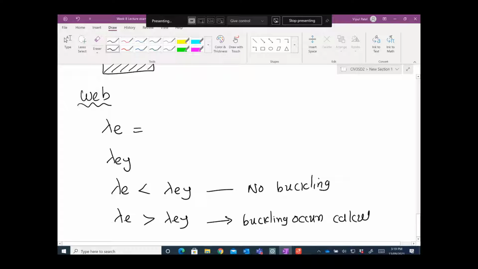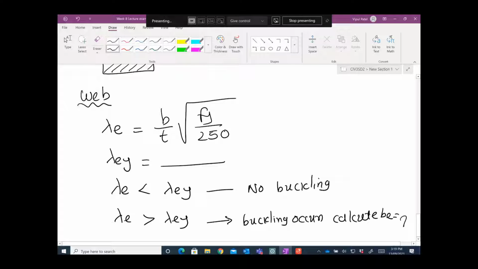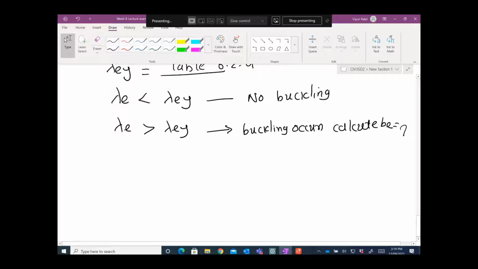Then we calculate BE, the effective width. So that's the quick check that we're going to make. We will do B on T times the square root of Fy on 250, and then we will get lambda EY from table 6.2.4.